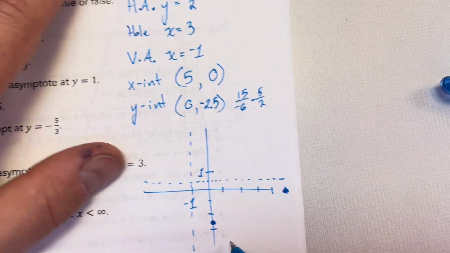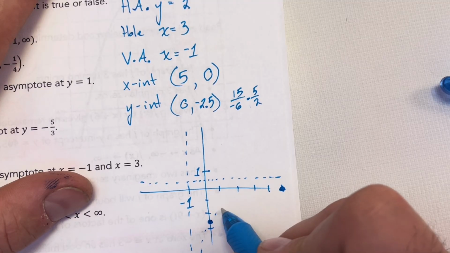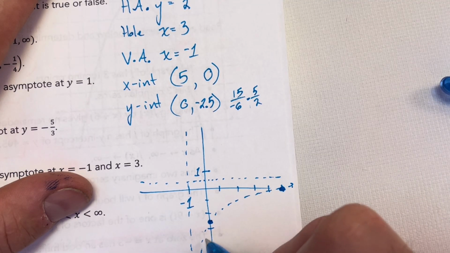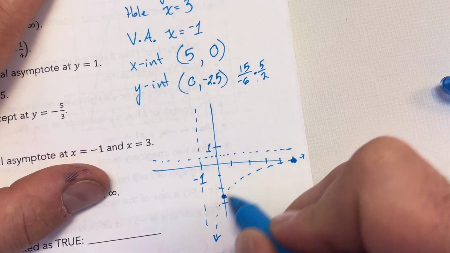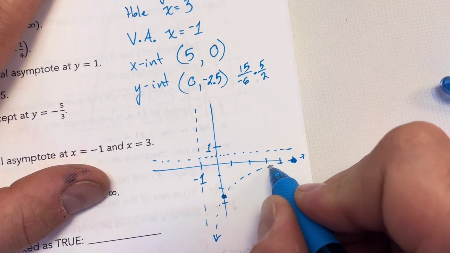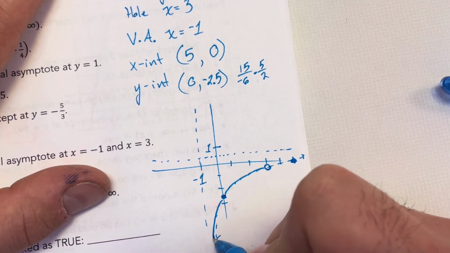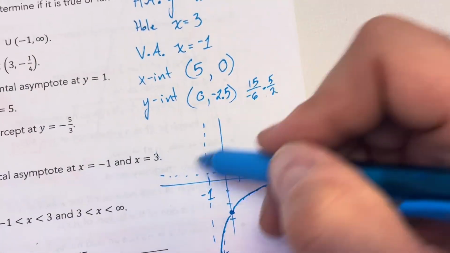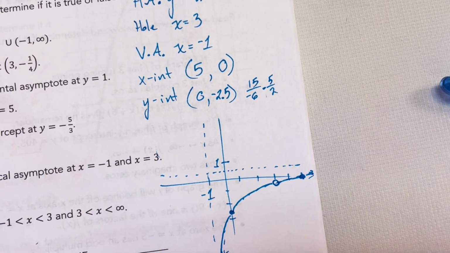In order for this to make sense, it looks like it's got some kind of shape like this to connect from this to this. That's what I'm predicting. On the other side, I'd have to do some thinking. I feel like it would do this, but it could do something else.